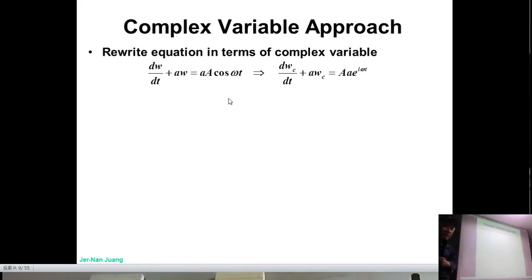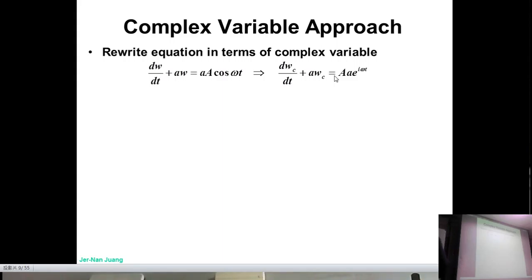Now, to solve the same equations, we propose another approach called complex variables. If you look at this carefully, these two equations, that and that, are they identical or not? I have a complex number here, A e to the i omega t.